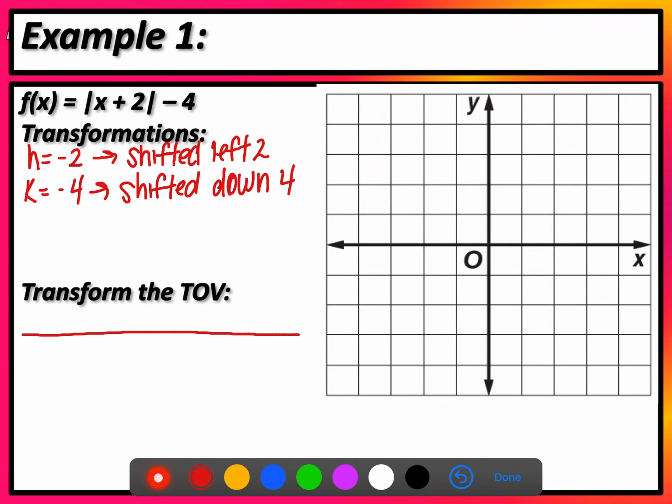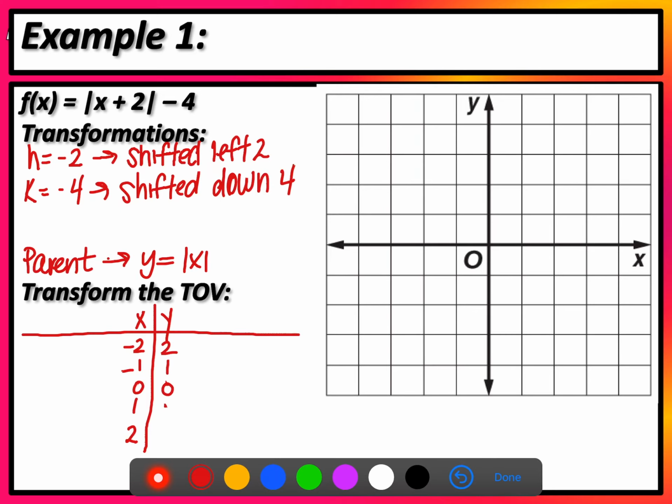Okay, so when transforming my table of values, we always start with the parent using x and y. The parent here, if we remember from our 12 basic functions, is just the absolute value of x. And the table for that is going to go -2 to +2.